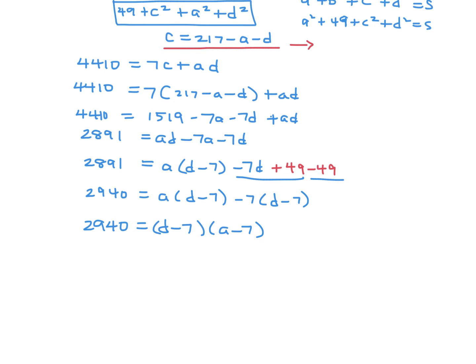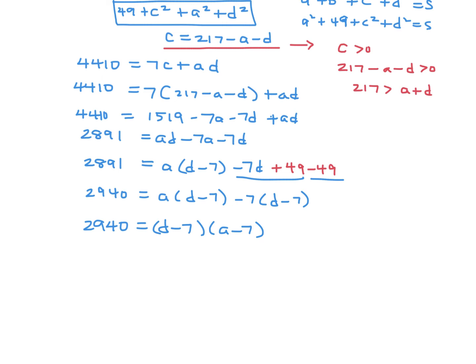Since c is equal to 217 minus a minus d, and obviously c is a length, so c is greater than 0, that means that 217 minus a minus d is greater than 0. I hope that makes sense. And therefore, 217 would be greater than a plus d. So a plus d is less than 217.